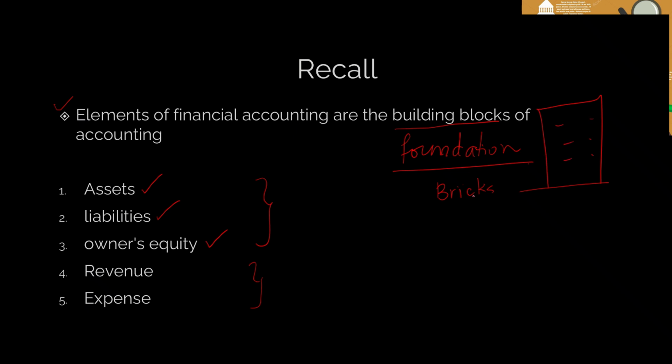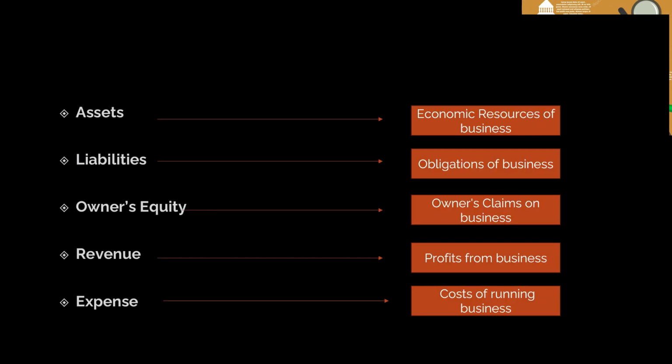To understand accounting, one must know the basic knowledge about assets, liabilities, owner's equity, revenue, and expenses. In order to understand accounting terms, it's important to be well familiar with these five elements. So, keeping that importance in mind, we are going to start our first slide today.